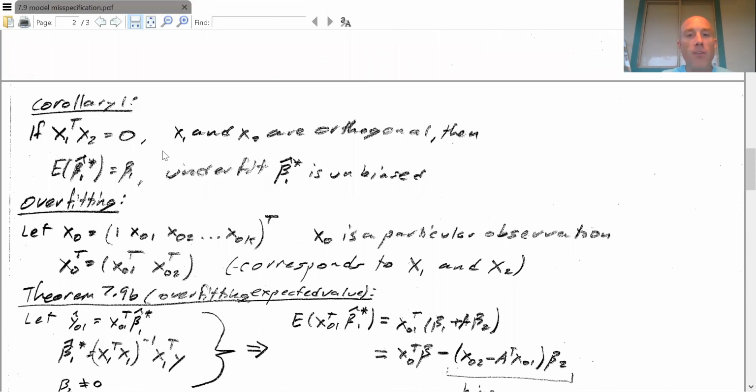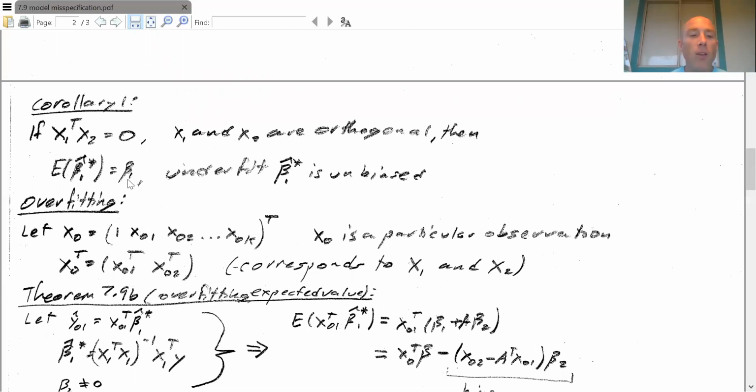So if x1 and x2 are orthogonal, then the expected value of the underfit coefficients is going to be what we want it to be. In this situation, I can trust the slope estimates if all of the missing predictor variables are orthogonal to the included predictor variables. Now, if they're not orthogonal, then I've got a bias issue, and that's just how it is.